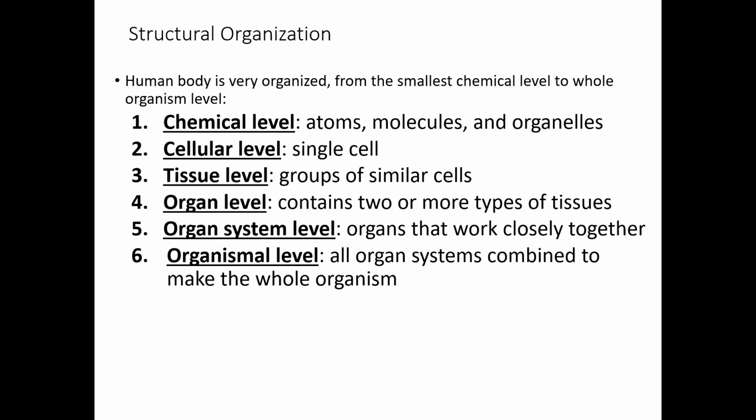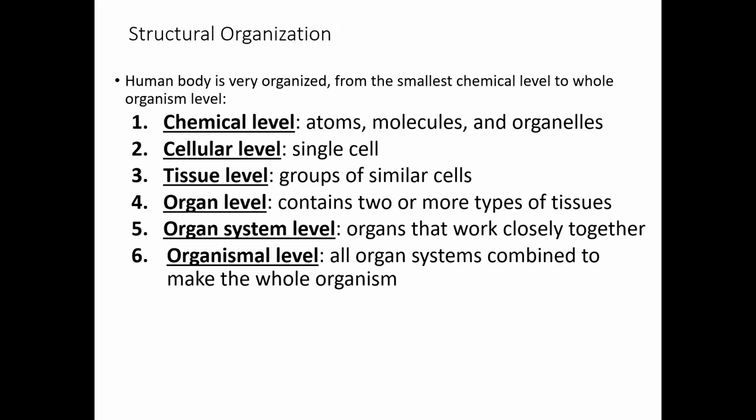Tissues are clusters of similar cells. Thing to remember, you might want to circle that for whatever reason. Organs are two different types of tissues together. Two or more different types of tissues. Most organs are made up of a variety of tissue types.